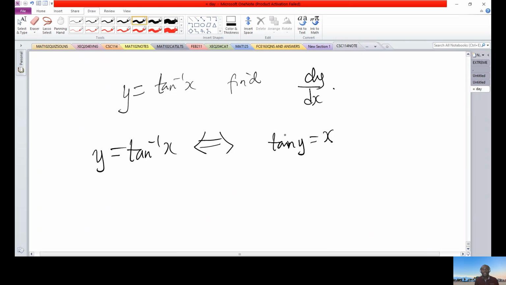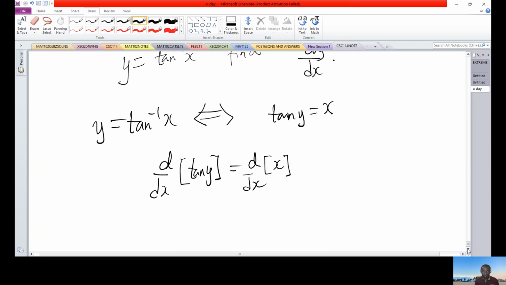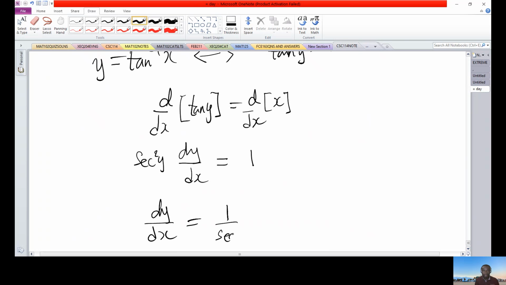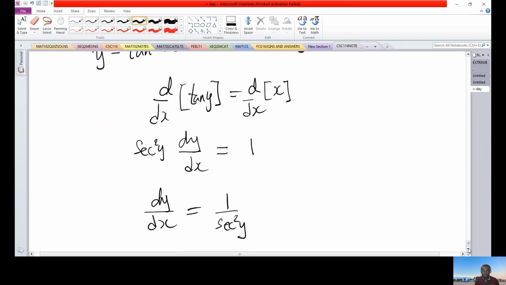And then in this new trigonometric equation, you introduce d dx on both sides. Now when you differentiate a tan function, you get a sec squared function, times dy dx, equals 1. So dy dx would be given by 1 over sec squared y.